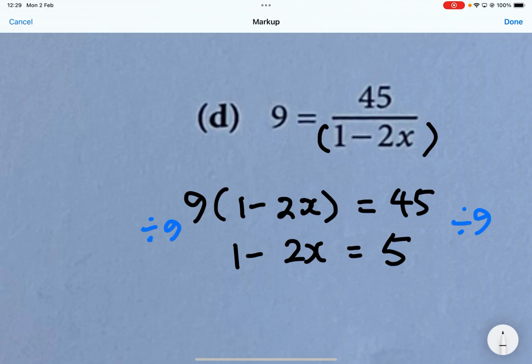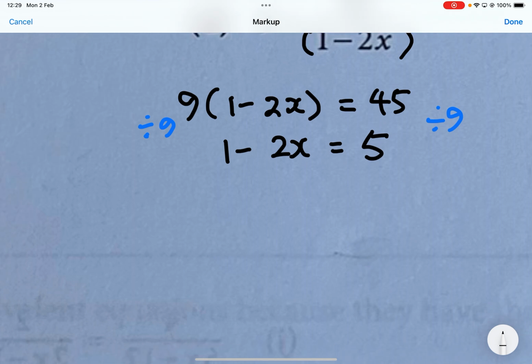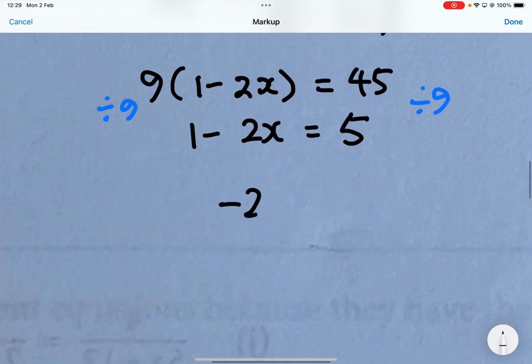Okay, then I want to keep my x term on one side, put all the numbers on the other side. So my negative 2x is on the left already. I keep it on the left. I want the 1 to disappear. 1 is at the front. So when it is at the front, by default, there is a plus 1 that we never write. 1 is actually positive 1.